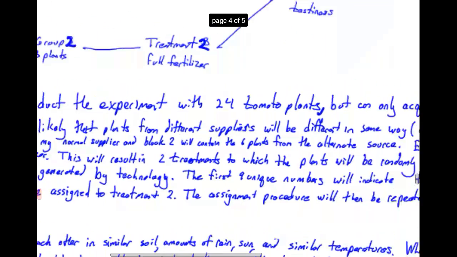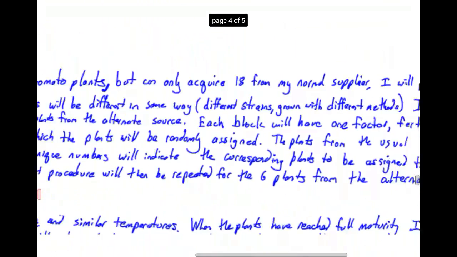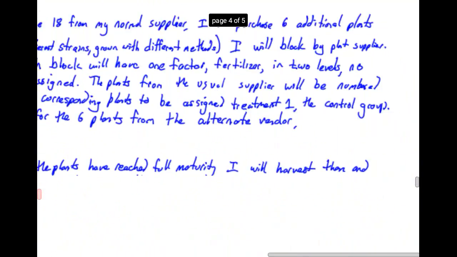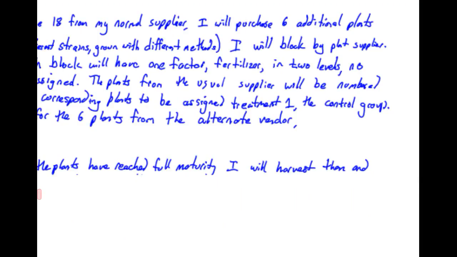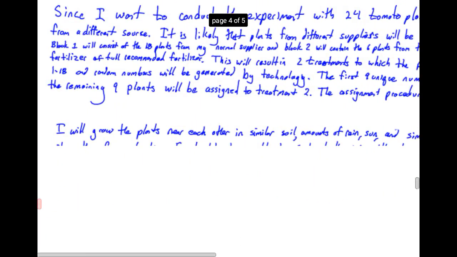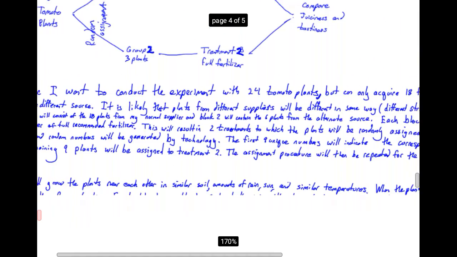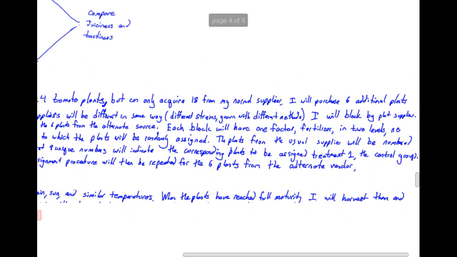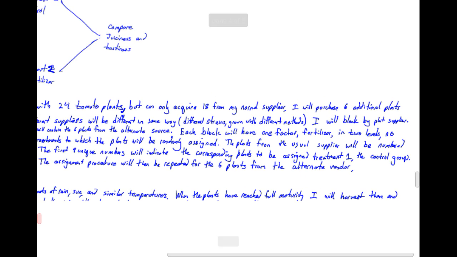The first 9 unique numbers will indicate corresponding plants be assigned to treatment 1, the control group. Now that unique number is important because that tells us that we're going to ignore repeats. Okay, the remaining 9 plants will be assigned to treatment 2. The assignment procedure will then be repeated for the 6 plants from the alternate vendor.